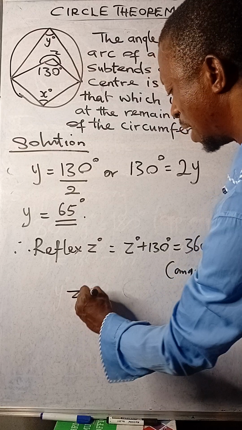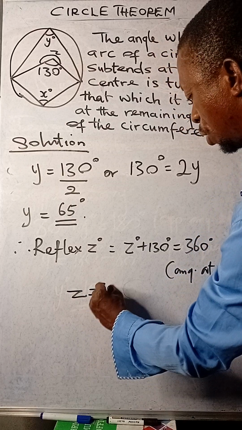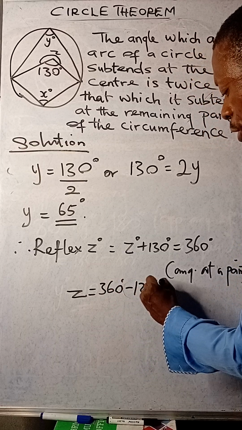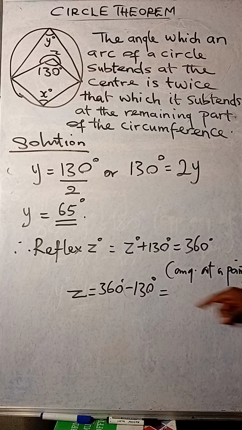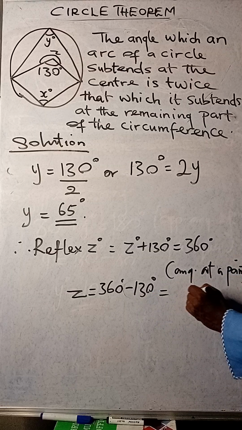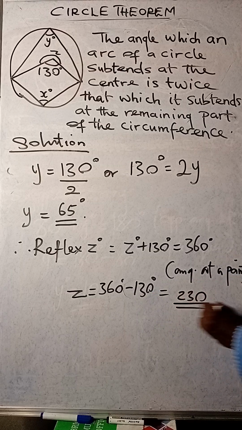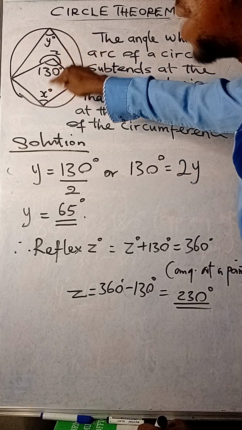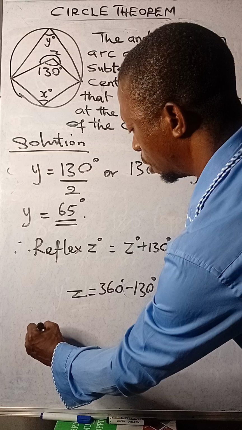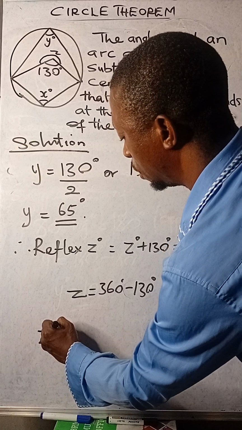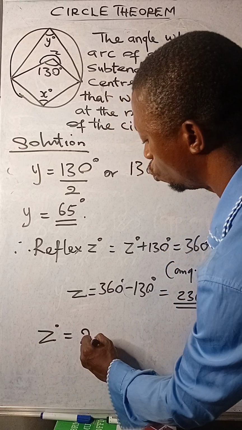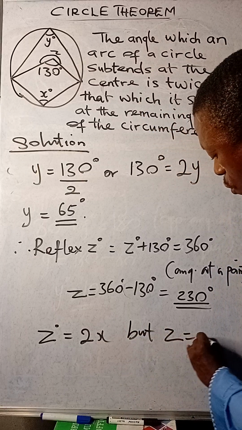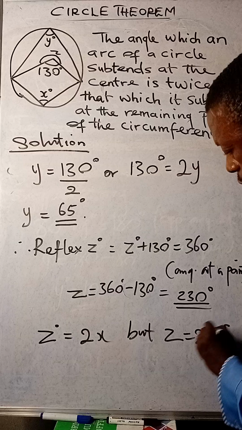So it means that z equals 360 degrees minus 130 degrees. So z becomes 230 degrees. Now, the center angle of x is z. So we can say that z degrees equals 2x, but z equals 230 degrees.